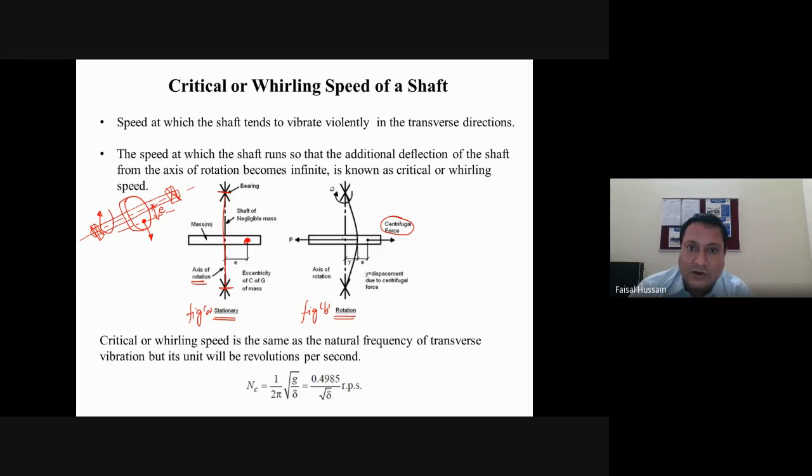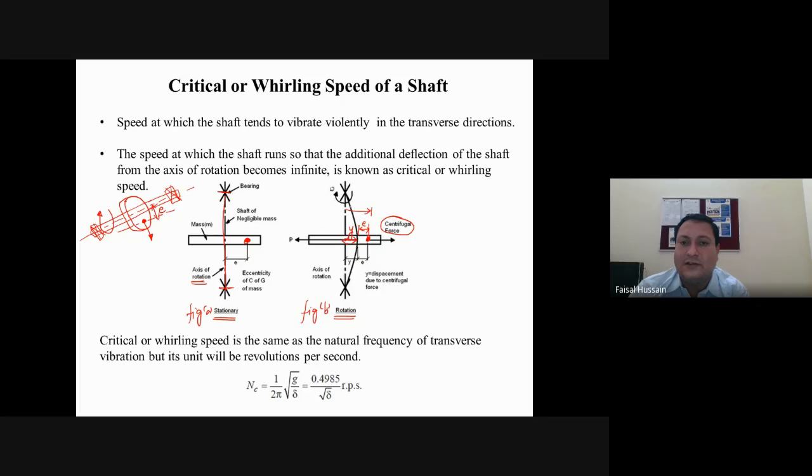When the shaft was horizontal, there was no displacement y. But because of this eccentric position, through the rotation and because of the centrifugal force, the shaft is bending towards the eccentricity. So from this position, it has created a displacement y. So this additional displacement is created. From this eccentricity point, this distance is E when the shaft was stationary.